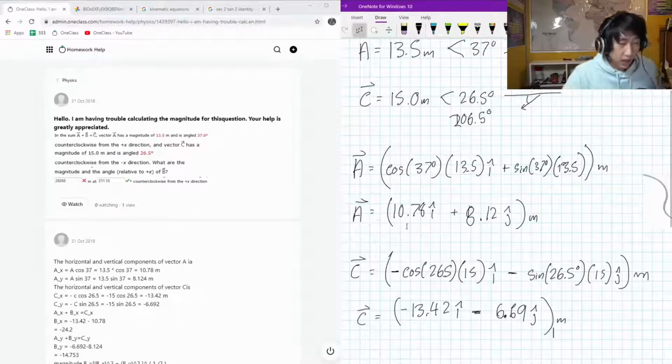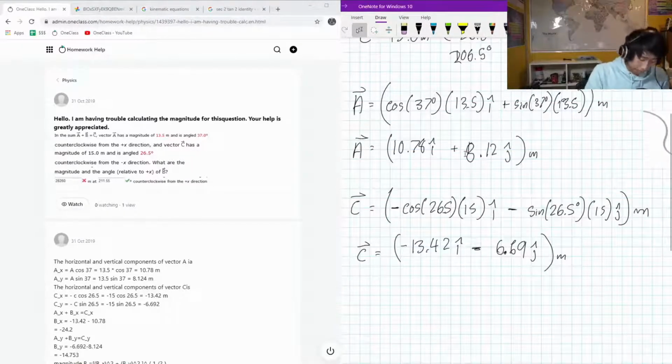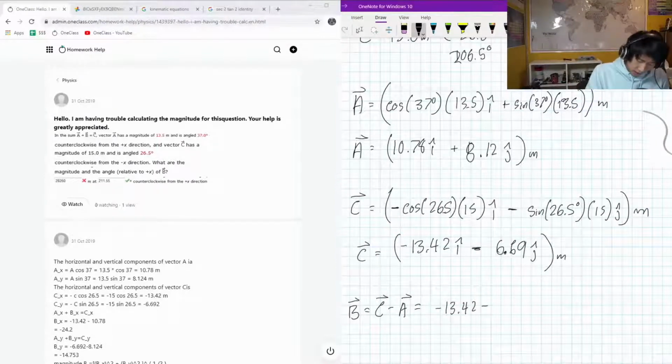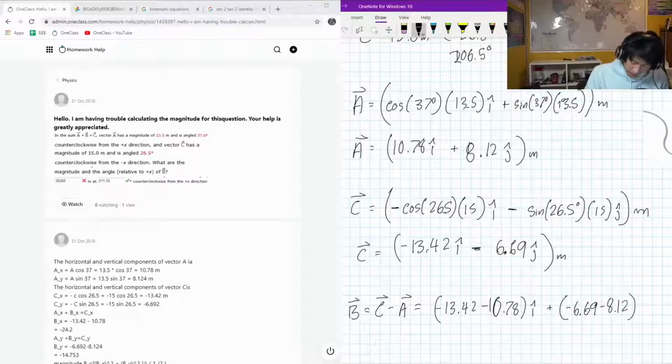Okay, now we have to do c minus a to find b. So the c component is going to be negative 13.42 minus the a component, which is 10.78. That's i. And then for the j, we will have minus 6.69 minus 8.12 in the j direction. And this will give us our b vector.